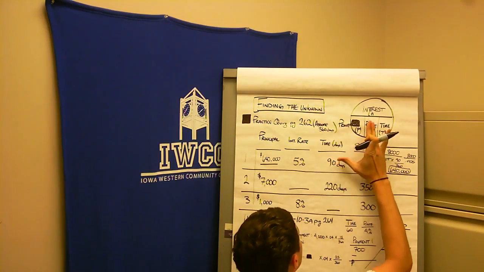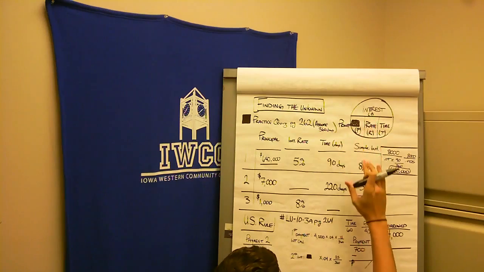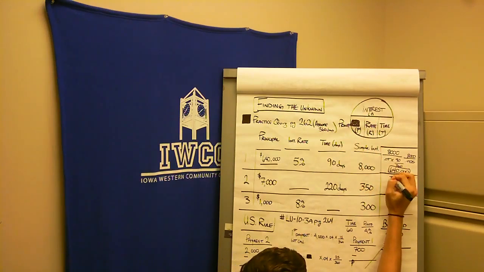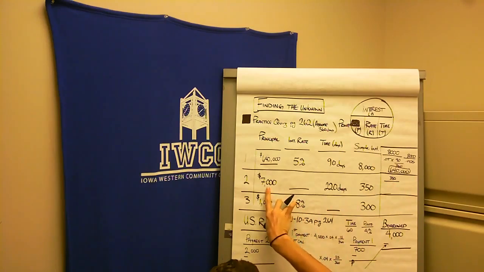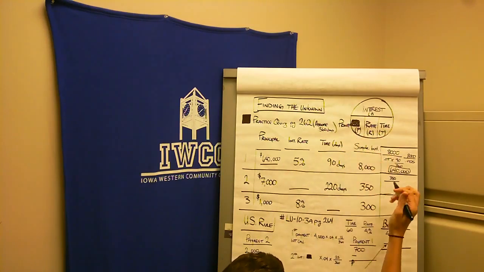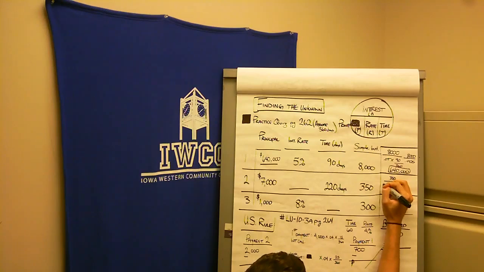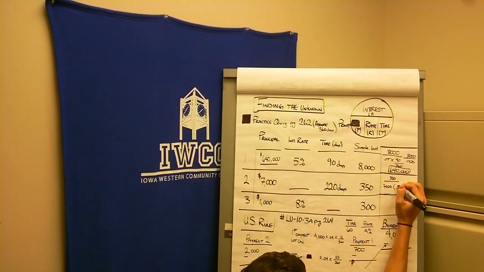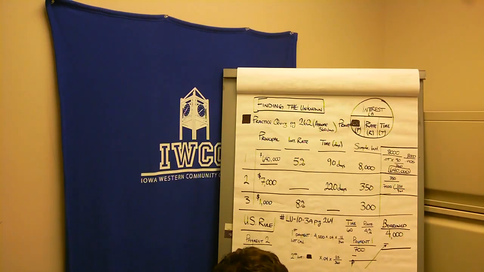For this next problem, we need to find the interest rate. So we cover up the interest rate, and we know we get paid $350 divided by our principal times our time. So our principal of 7,000 times 220 over 360, which can reduce, is 0.61111.